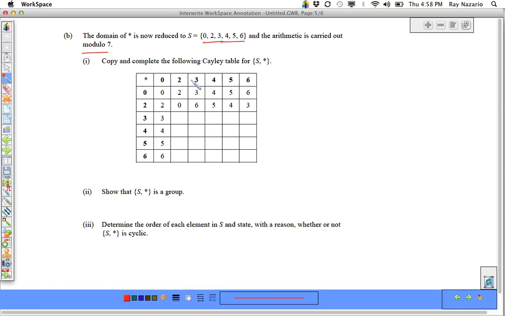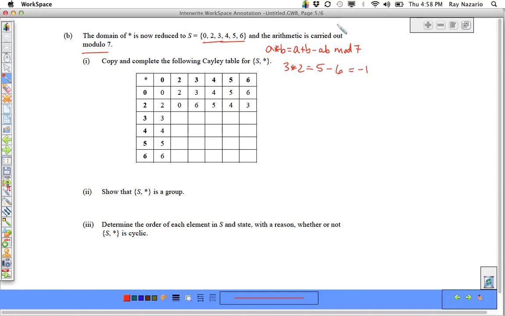What that means is your results will be in mod 7. So now it's A star B equals A plus B minus AB in mod 7. All right. Copy and complete the following Cayley table. So 3 star 2 is the sum minus the product in mod 7.